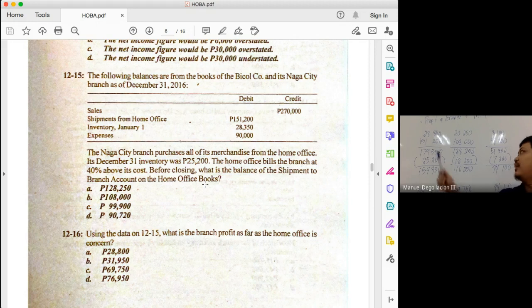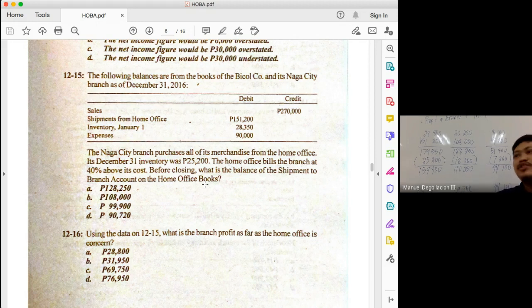And how much is that markup? 51,300. If you're asked how much is the adjustment to the allowance account during the year, or how much allowance was earned or realized during the year, what does that mean? You are asked to solve for the markup on the cost of goods sold. And your answer would be 44,100.